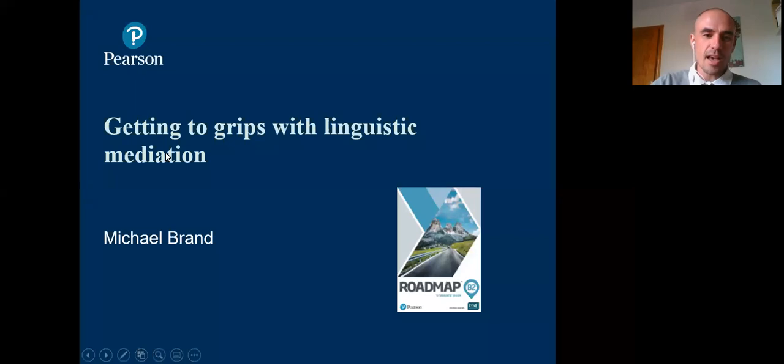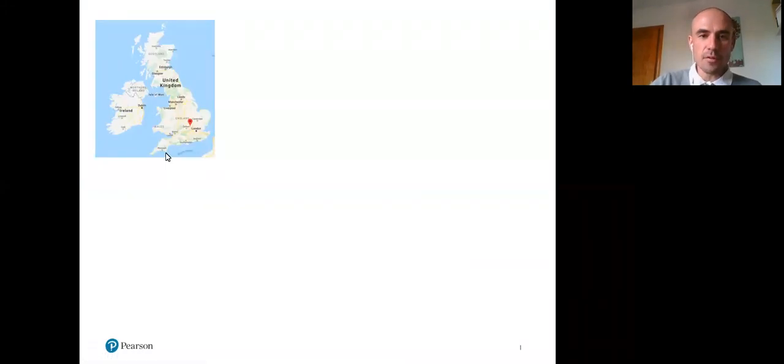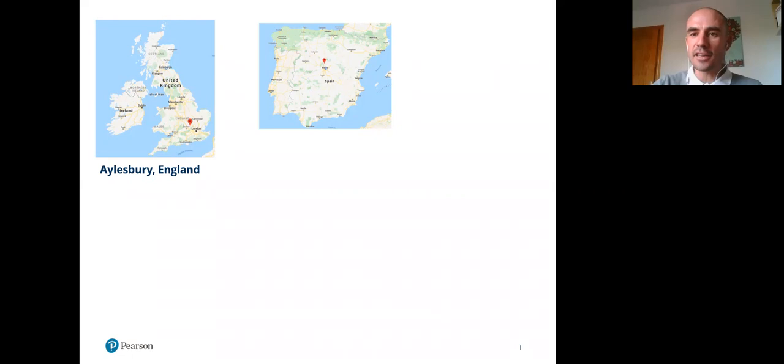Just before I start, I'll do a brief introduction so that you know who's talking to you. My name's Michael Brand, and I'm from England originally. I'm from the south of England in a place called Aylesbury, which is between Oxford and London, which are slightly more well-known places. I don't live in England, as Richard said.